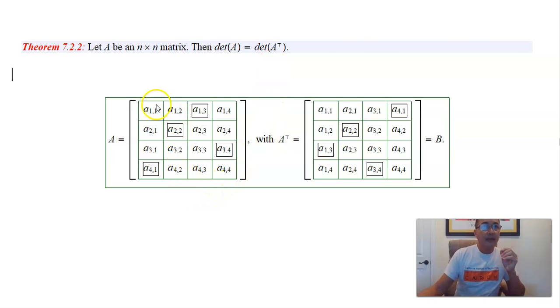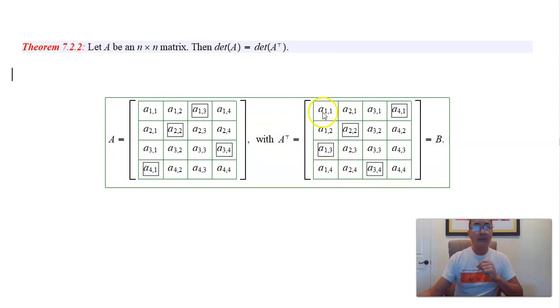So why is that? Here's a matrix, and I have chosen the entries A13, A22, A34, A41. Again, exactly one entry from each row and one entry from each column. Transpose that matrix.